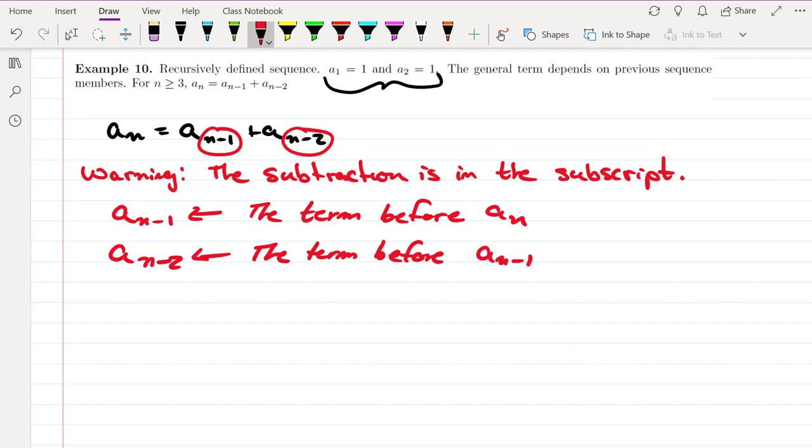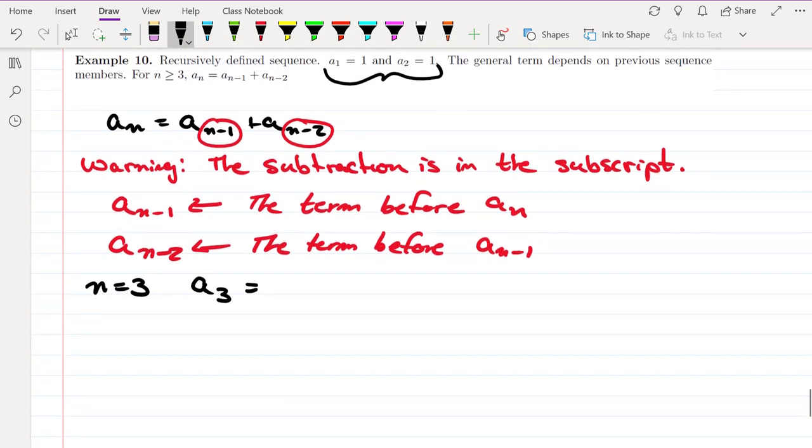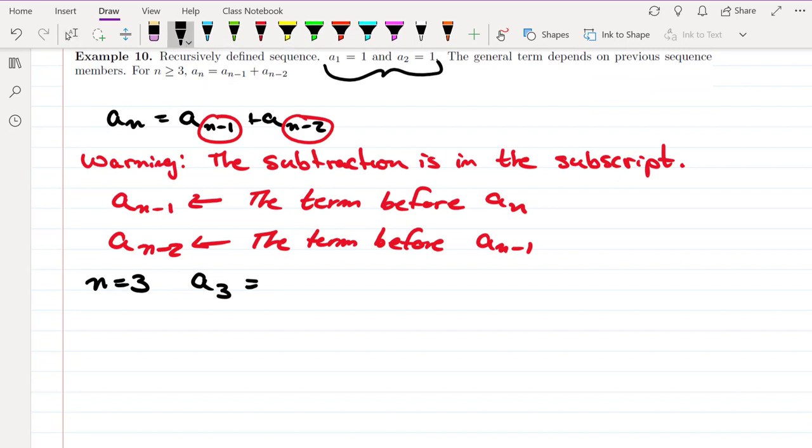And we mean that in the list. So then, when we have n equals 3, we want to find the third term of the sequence. Well, a sub 3 is going to equal, if this subtraction is in the subscript, 3 minus 1 gives me 2, so a sub 2, plus 3 minus 2 is 1, a sub 1.